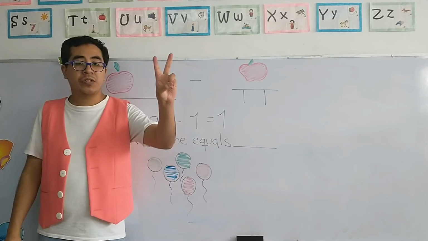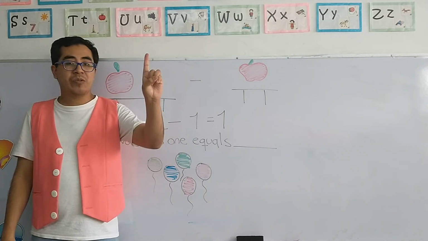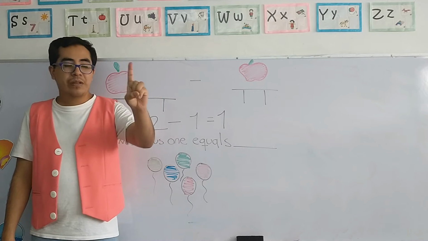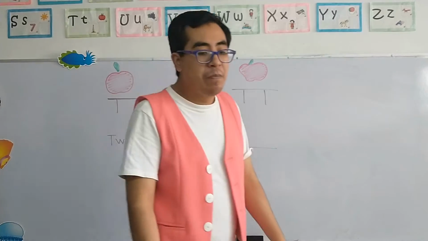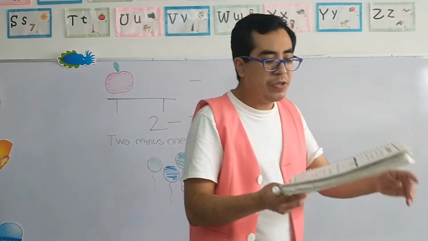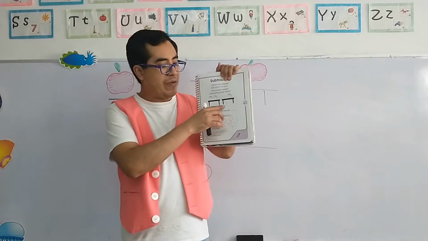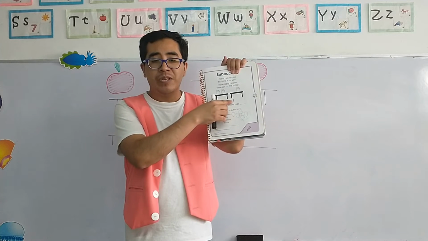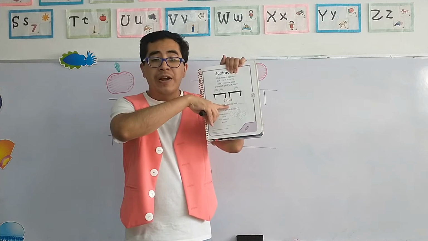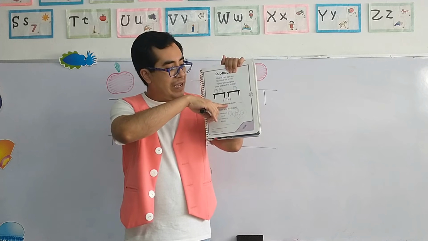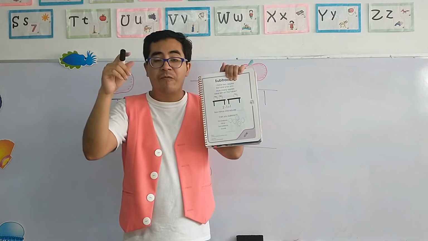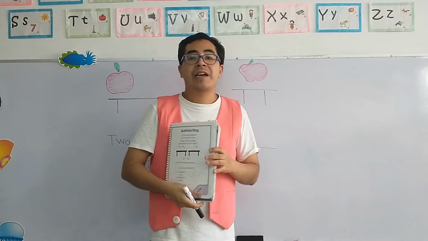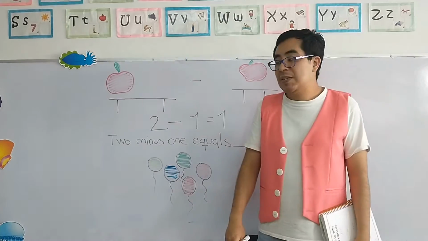So once again, 2 minus 1, quitamos 1, then the result is number 1. So, in your book, in your textbook, okay, we already have the example, tenemos nuestro ejemplo. Under the example, abajo del ejemplo, we have the subtraction in written form. Tenemos la resta en forma escrita.